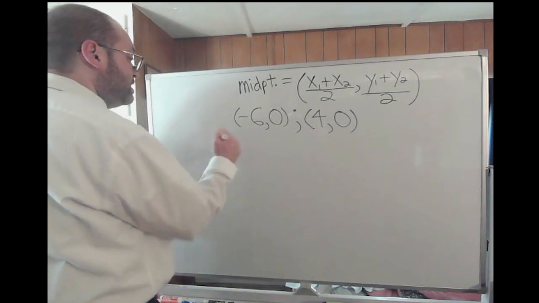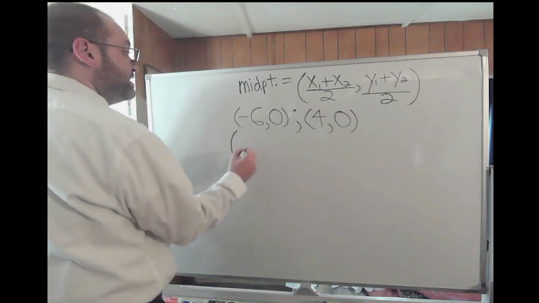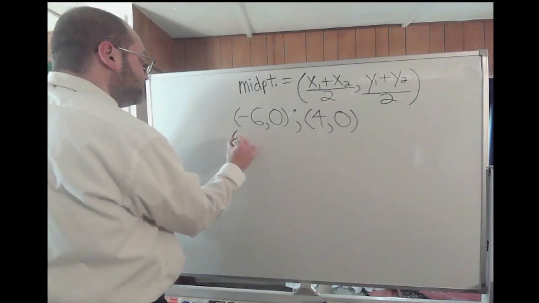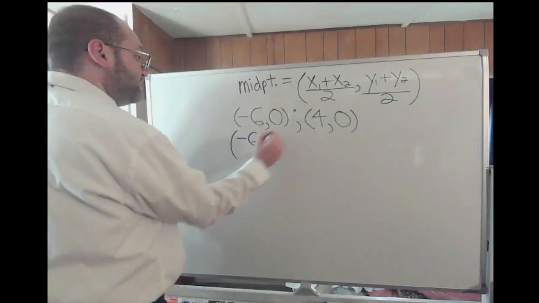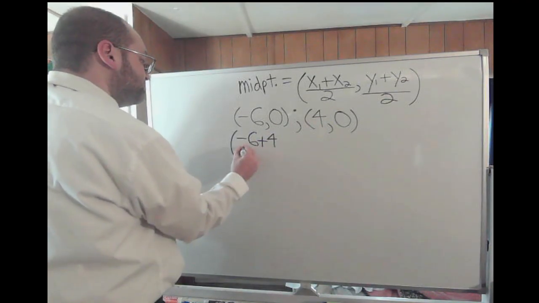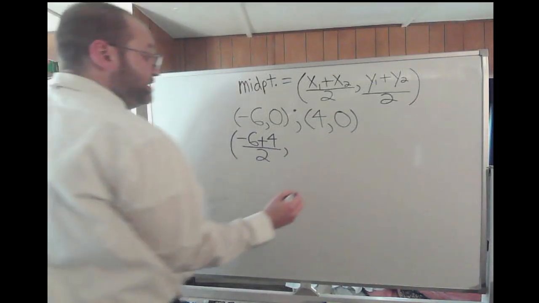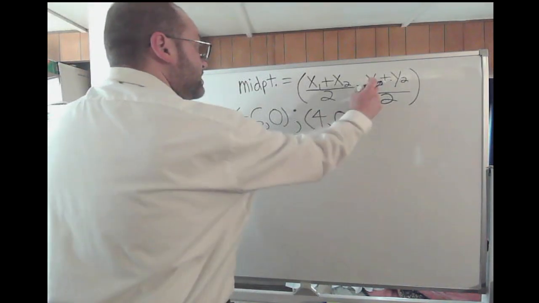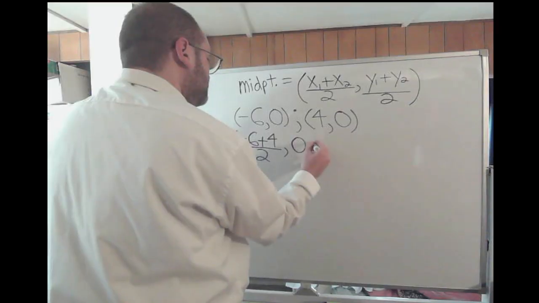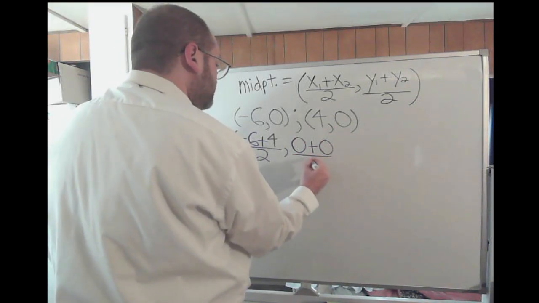So what this is going to entail is we'll take our first x coordinate of -6 plus the second x coordinate of 4. So you'll have -6 plus 4 all over 2. And then you'll take your first y coordinate of 0 plus your second y coordinate of 0 and divide that by 2.